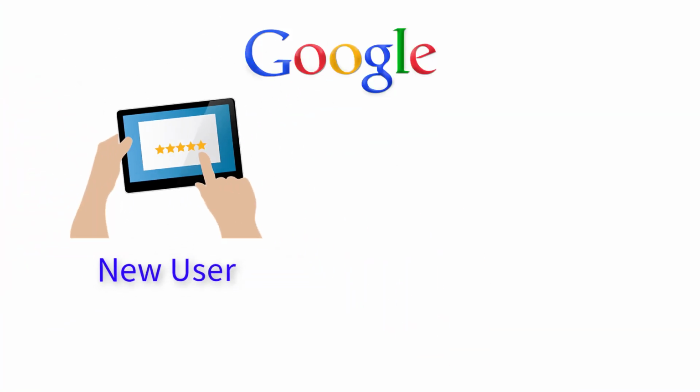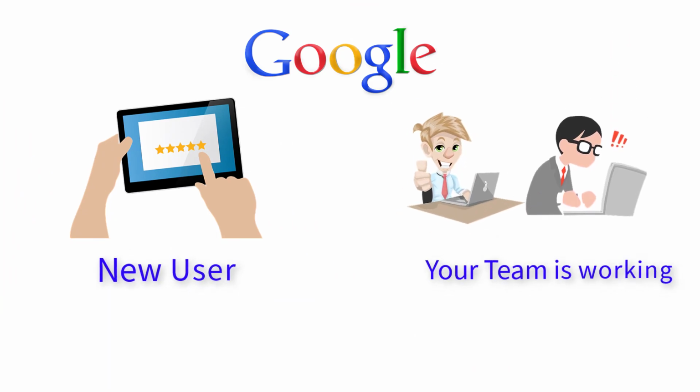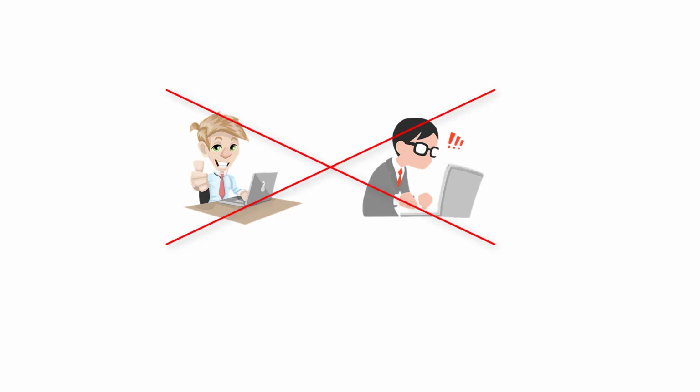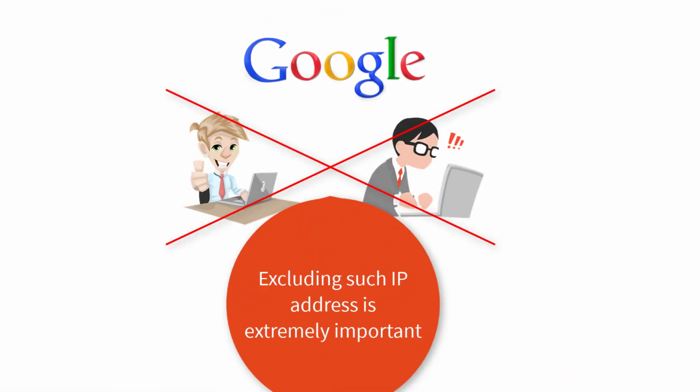Google is unable to identify whether it is a new user or somebody from your team at the website. That is why, students, excluding the IP address is extremely important. This is the main reason why excluding an IP address that you already know is yours or your team's IP address is important.